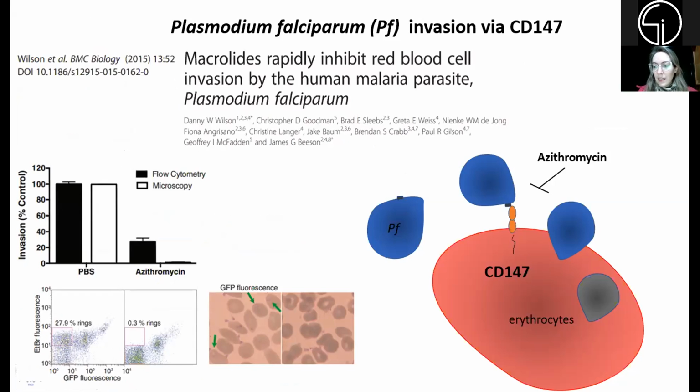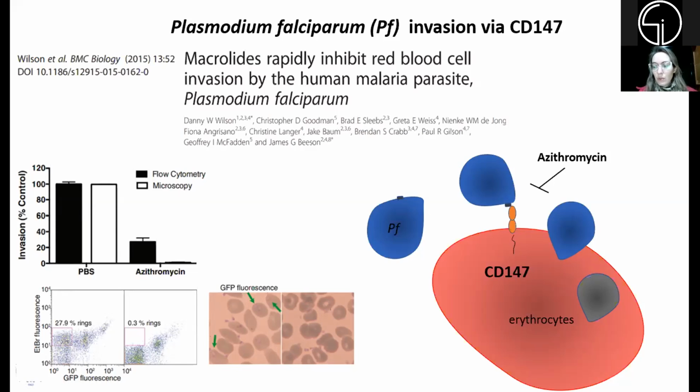Interestingly, azithromycin also acts as an inhibitor of erythrocyte invasion. Flow cytometry experiments and live video microscopy experiments show that azithromycin quickly acts to prevent the essential step of junction formation very early in the invasion process.